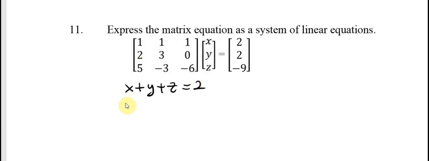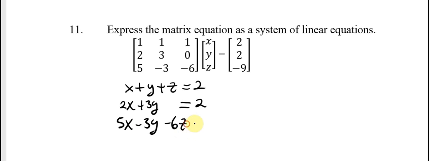The next row would be 2x plus 3y plus 0 times z, it's just 0, is equal to 2. And then 5x minus 3y minus 6z is equal to negative 9. That's all you were asked to do there.